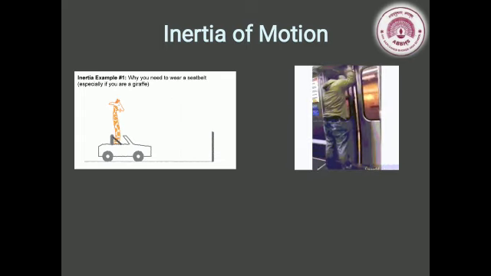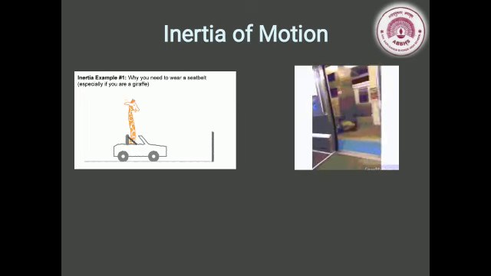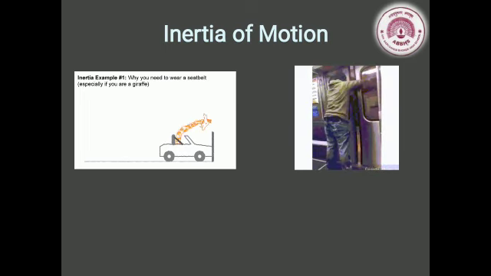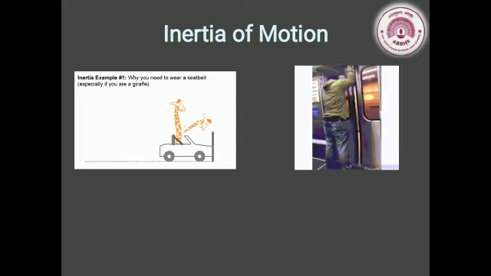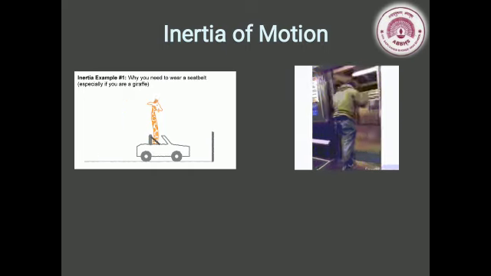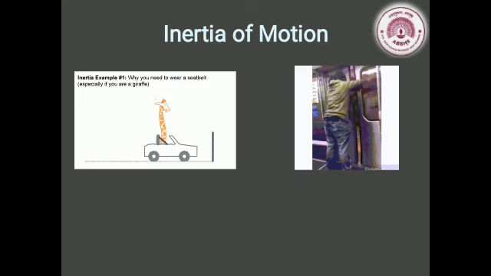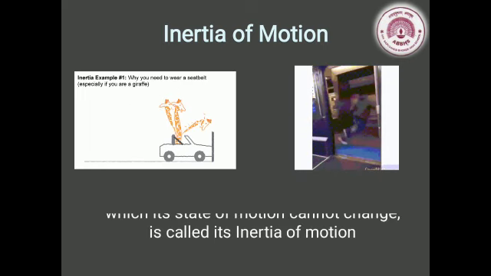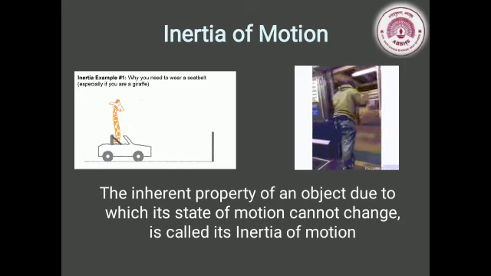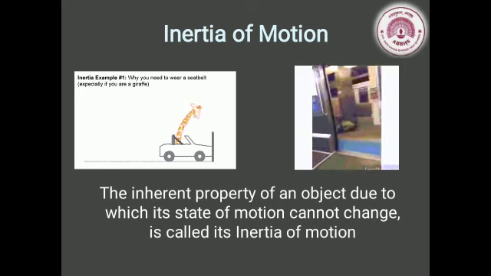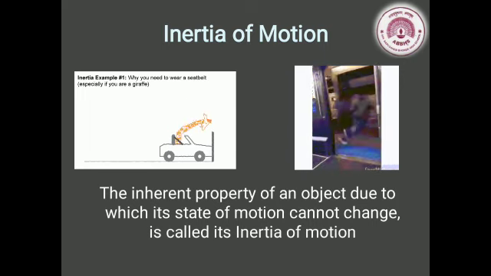When a person gets down from a moving train, their upper body is still in motion, and when it comes in contact with the ground which is at rest, their body topples forward due to the inertia of motion. So let's define inertia of motion. The inherent property of an object due to which its state of motion cannot change is called its inertia of motion.